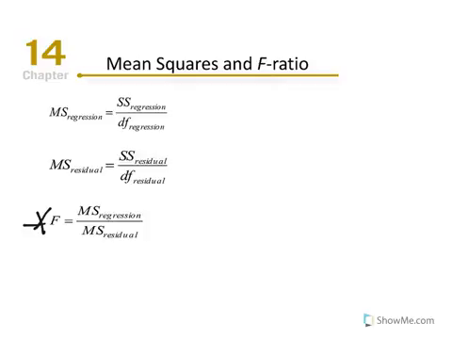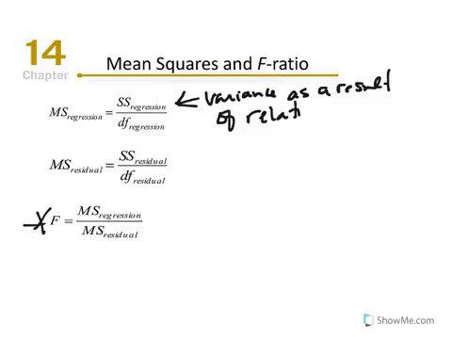So again, the SS regression expresses variance as a result of relationship. And MS residual represents variance due to other factors.